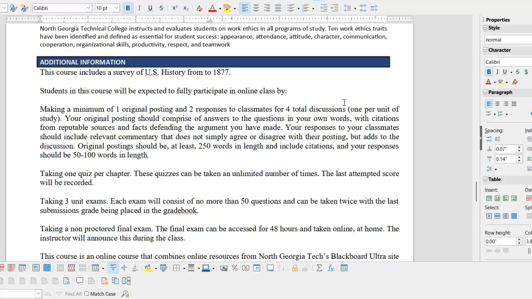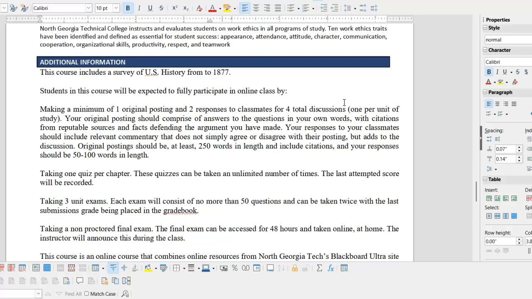As this is an online class, you will be expected to fully participate by making a minimum of one original posting and 2 responses to classmates for 4 total discussions, 1 per unit of study. Your original posting should be made up of the answers to the questions in your own words, but with the citations for where you get the information from reputable sources, particularly your textbook, and facts defending the argument you have made.